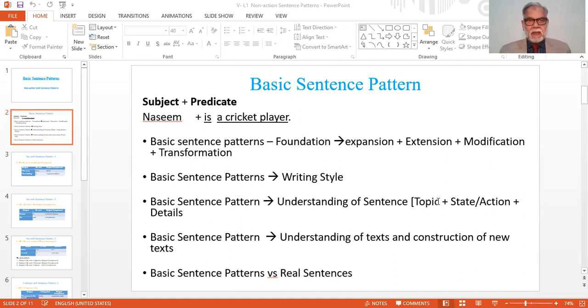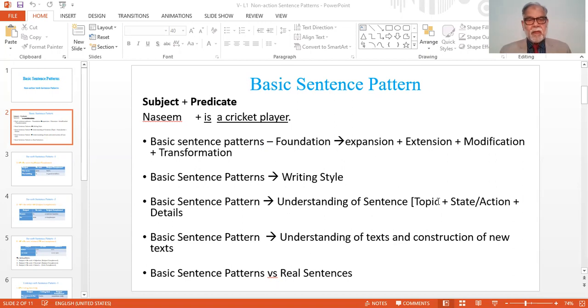First, subject in a sentence is the carrier of a state or doer of some action. And predicate is the part which is composed of verb and complements.